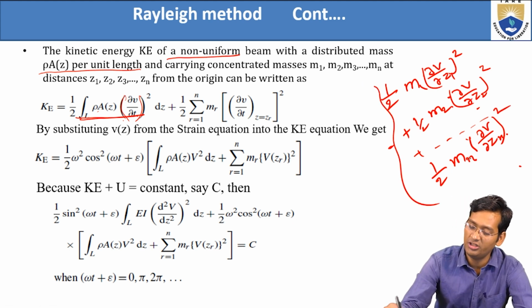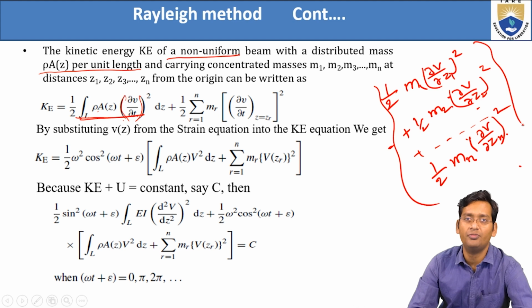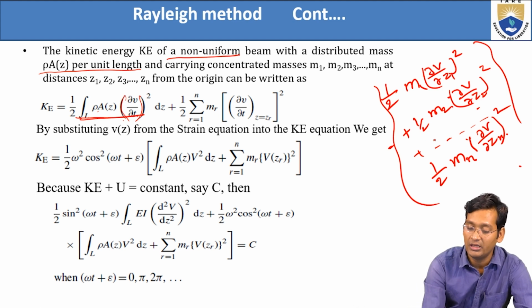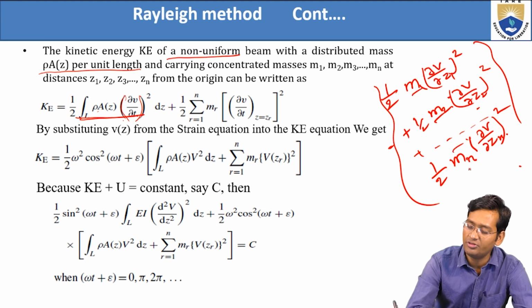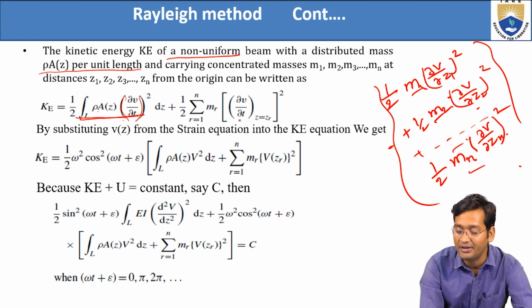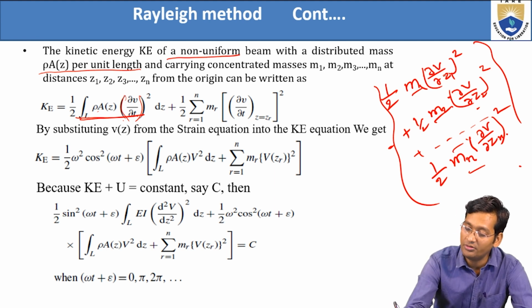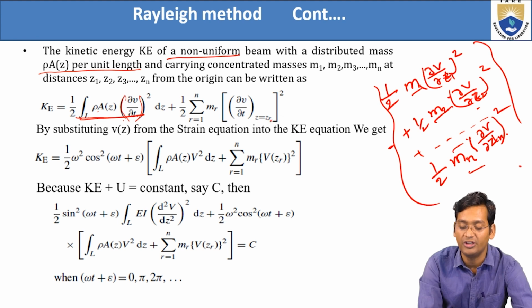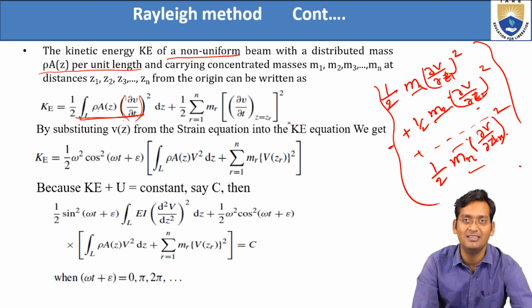Instead of writing so many terms, we will write this in the form of sigma. Take mr, where mr is for m1, m2, m3, m4 and so on, into del v by del t at z equals zr. So del v by del t at z1, at z2, at z3, so on up to zn, whatever the number is.